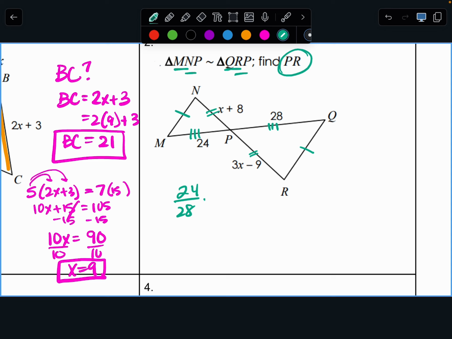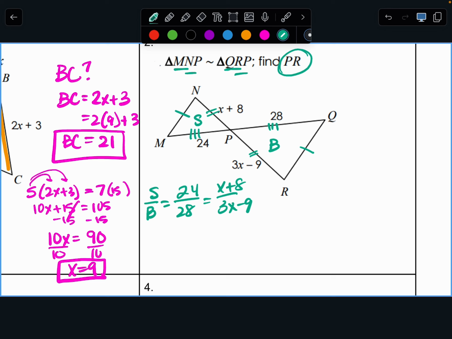So 24 over 28 equals, and I went from the small to the big, so this is the smaller one. So that means it's x plus 8 over 3x minus 9. That S and B is, I'm just showing you that we went both times from small to big.